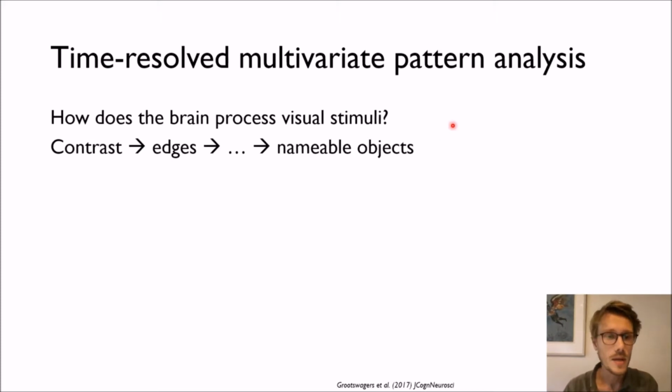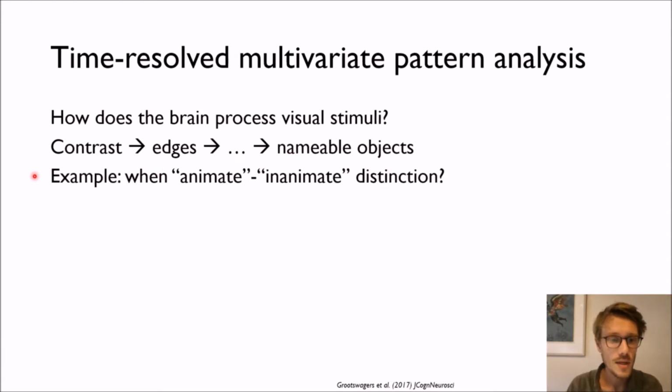We can name them, and they all start from a very basic image on the retina. So with time-resolved multivariate pattern analysis, we can try to figure out where and when, after the onset of a stimulus, information in the brain is actually giving us something that can tell us whether it's a couch or a chair.